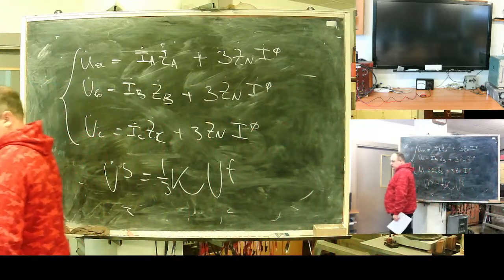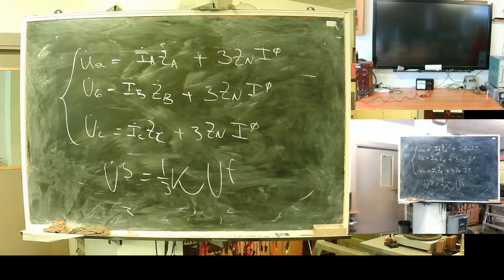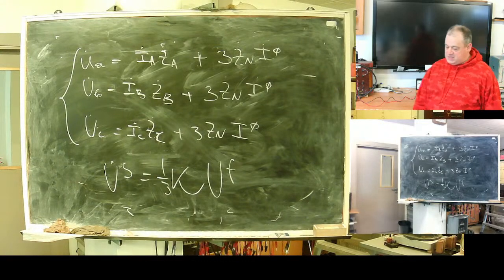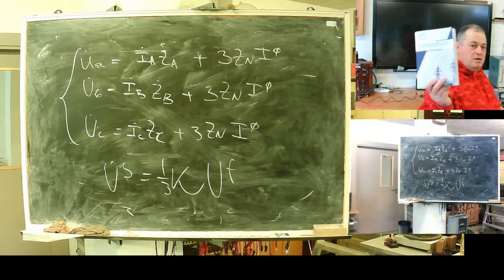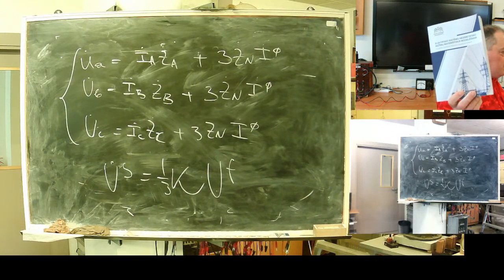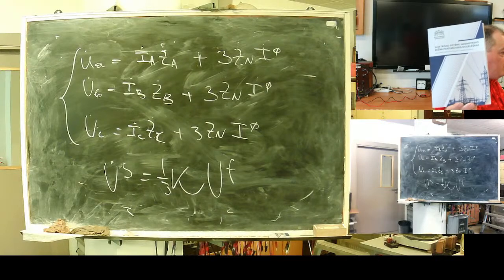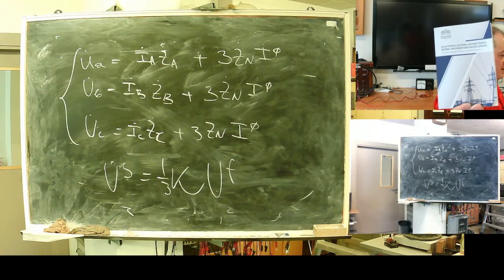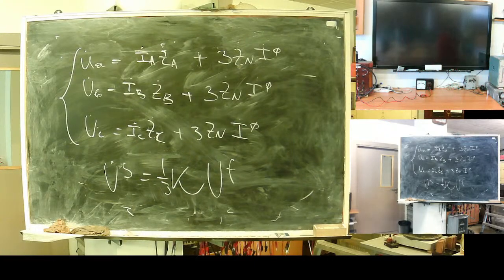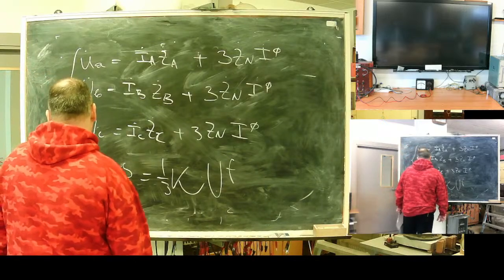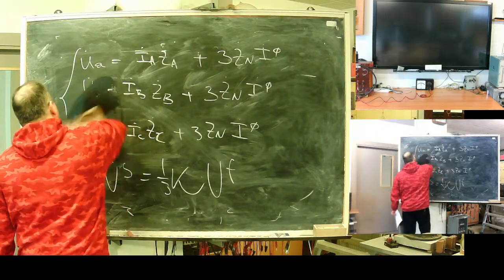If needed, the transform can be performed also for B and C phase. You can take this book in the library. It's also available in electronic form, and you can read it. Usually A phase is used.